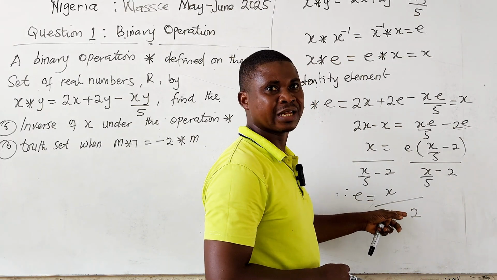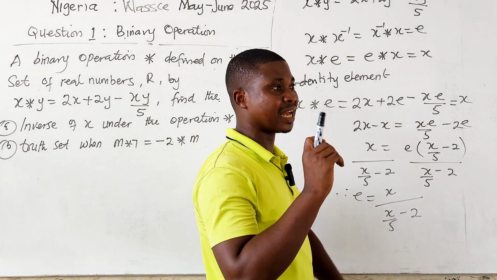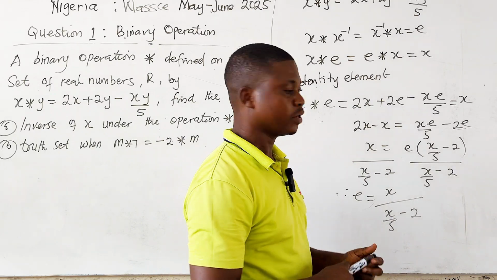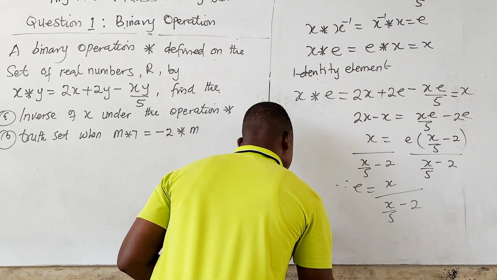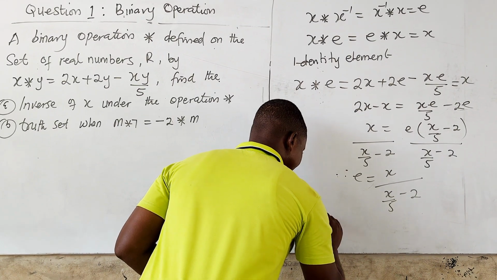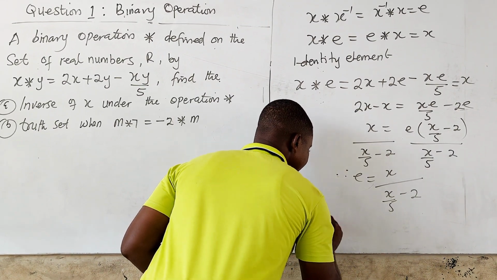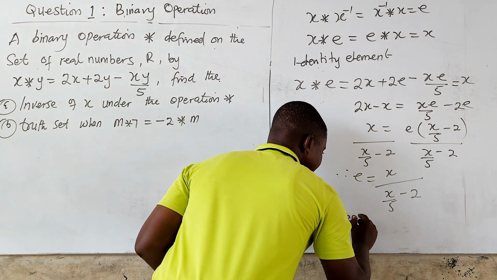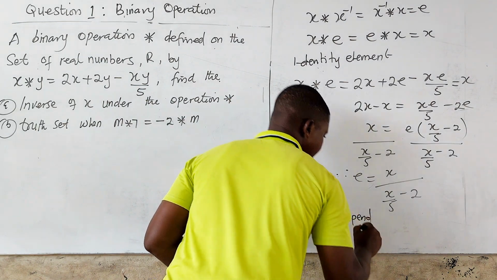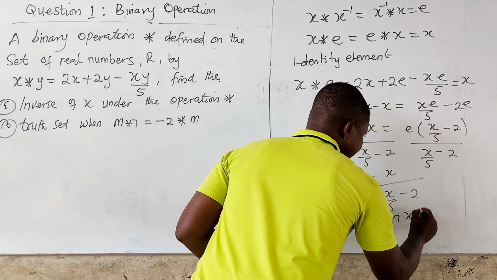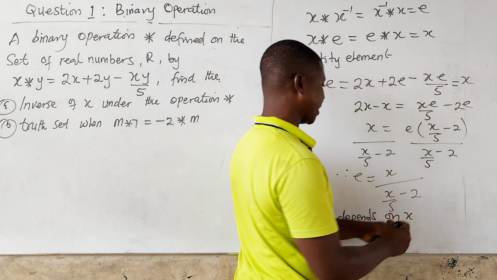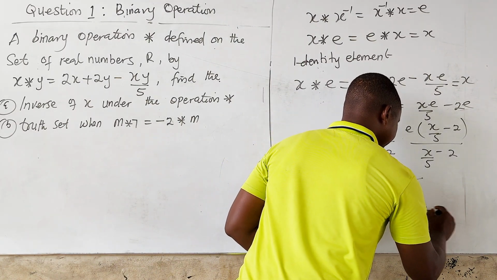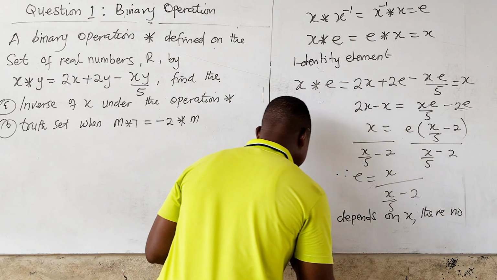So it means that there is no identity element, because the identity element should be only one number. Since e depends on x, there is no identity element.